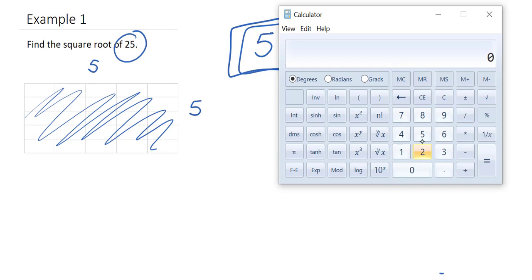If we go 25, see this little sign right here? It kind of looks like a part of a division symbol, right? And we take the square root, say, of 25, and we get the answer, which is 5. So we can use our calculators for this, but it's just another way to see this.